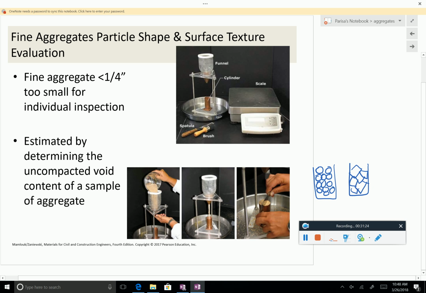You measure, it's the same volume, you measure the weight, and there are some tables that can tell you if the weight is between this and that, the percentage of angularity is this. This is a very approximate way to find out how angular your fine aggregates are.